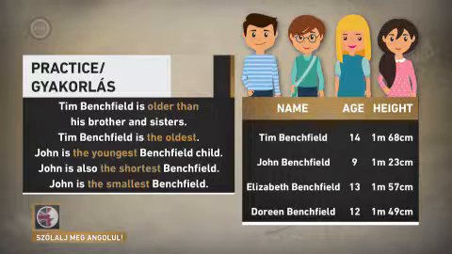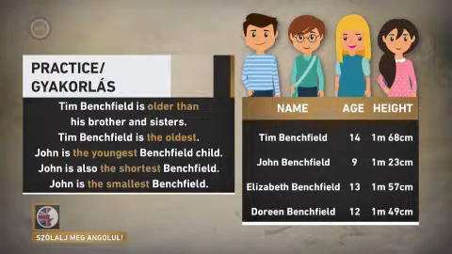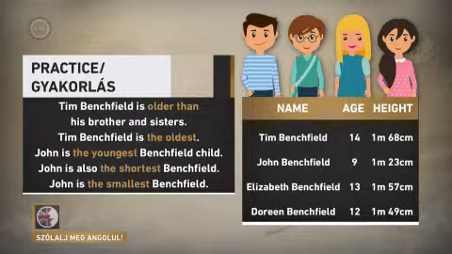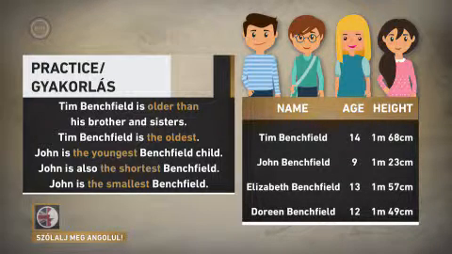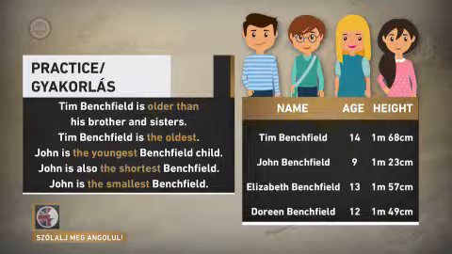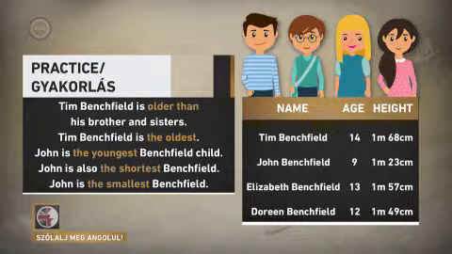Now, let's practice using the superlative with the information in the table, shall we? So, if we look at the table, we can see that Tim Benchfield is older than his brother and sisters. This means what? That's right. This means that Tim Benchfield is the oldest. And what can we say about John?